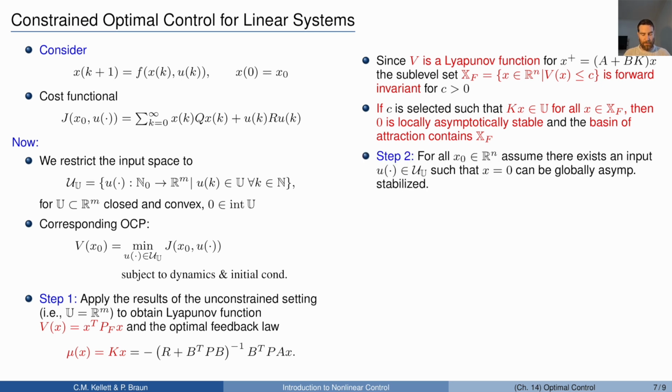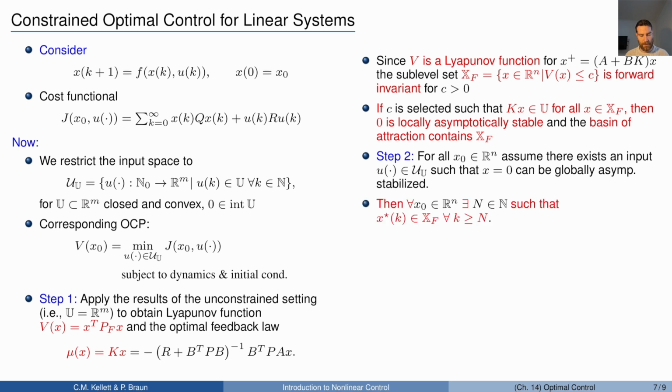So as a next step, we are now going to apply the principle of optimality. And we need to rely on another assumption here, namely we assume that for all x in R^n there exists an input u from this constraint set, such that we can render the origin globally asymptotically stable.